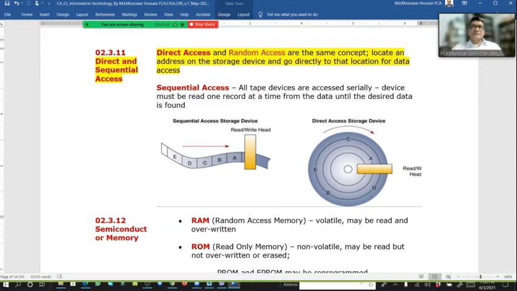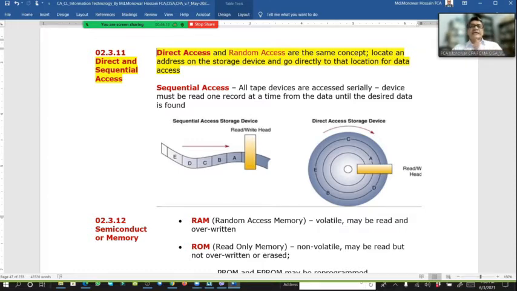For example, we use Google storage. If you know the storage, just input the address and go to that address. So it is direct access, and from that data you can download it, save it, keep it, and also upload it.